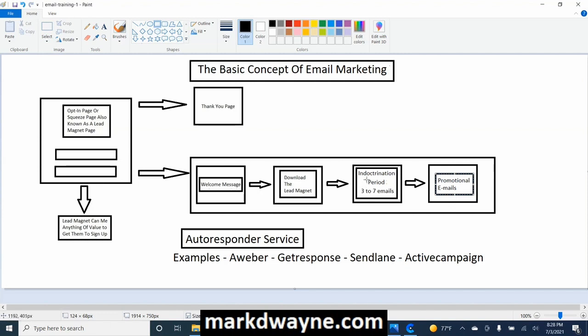Then you send out 3 to 7 emails in an indoctrination period, where you tell them who you are and they get to know you. You develop a relationship, and then you can start sending them promotional emails. Like I said, this basically pertains to digital products, and we're going to get into the different types in the next few videos.